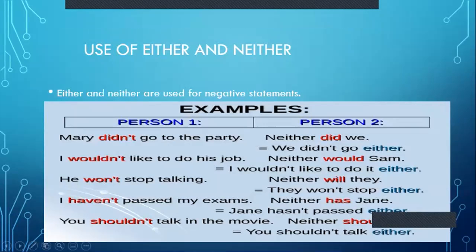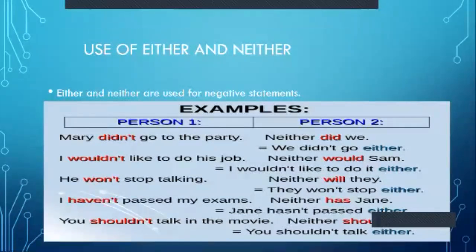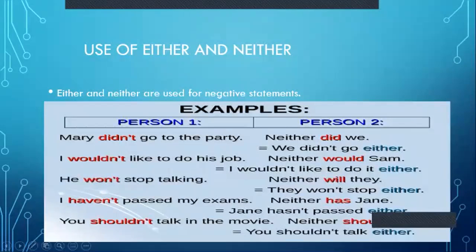Okay, so Sam is the second person you are considering here to make the sentence with either and neither. He won't stop talking. So with neither you say, neither will they. Because "they" is actually the person two. So they won't stop either. So "either" goes in the last and "neither" comes in the start.